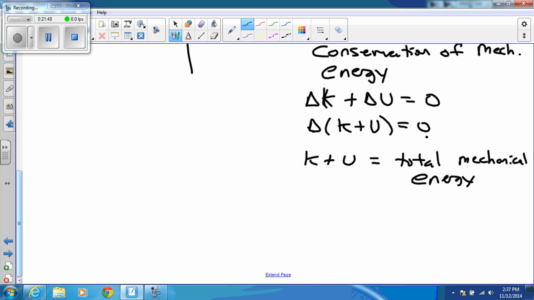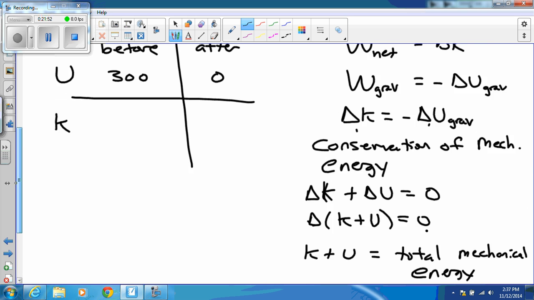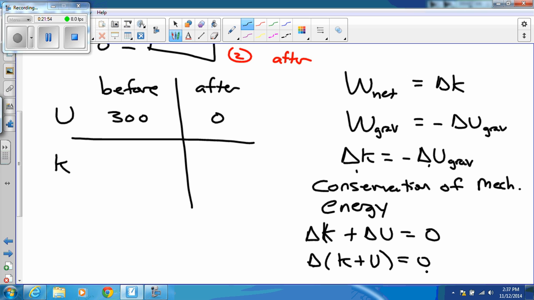It is simply converted back and forth between potential and kinetic energy. In other words, when I total up here and here, I should get the same totals. So that means I can account for this.